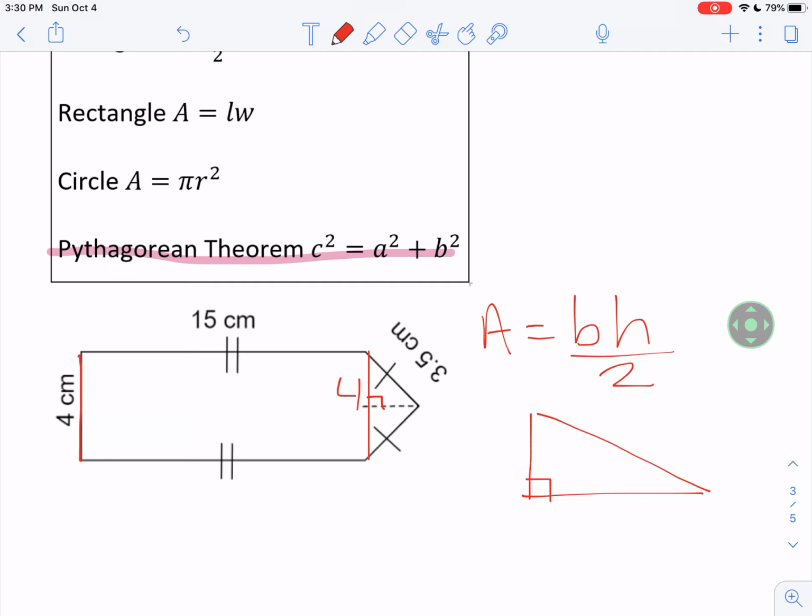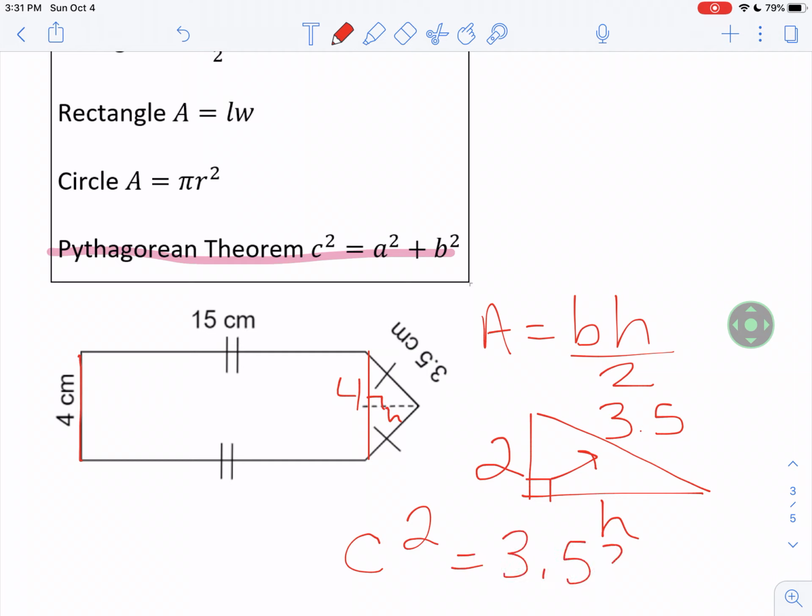If all the way across is 4, halfway across will be 2. I need to find h here in my picture. And I know that this is 3.5. So remember, the hypotenuse is always across from the 90 degrees, the right angle. And it's the c. So c squared is going to be 3.5 squared.